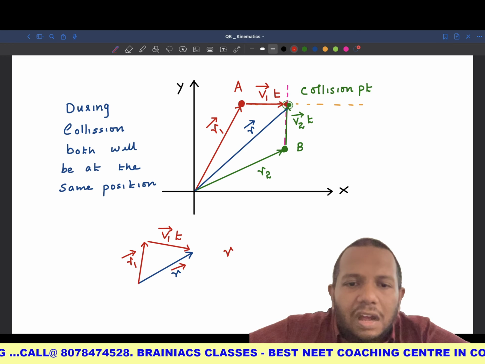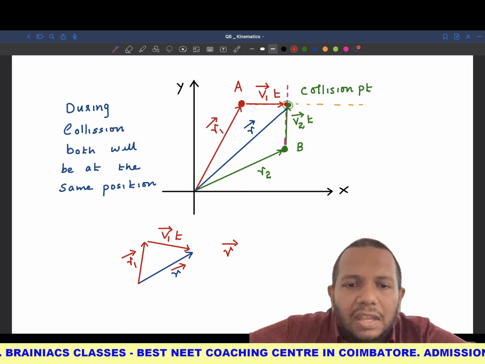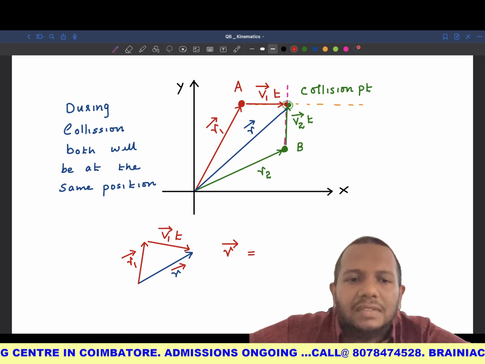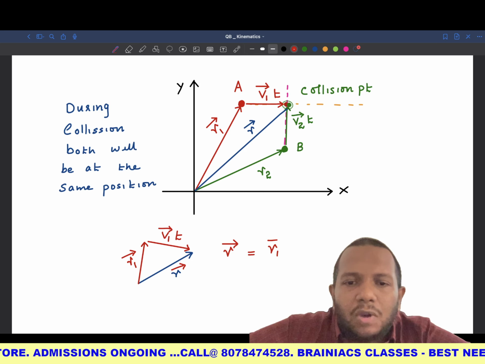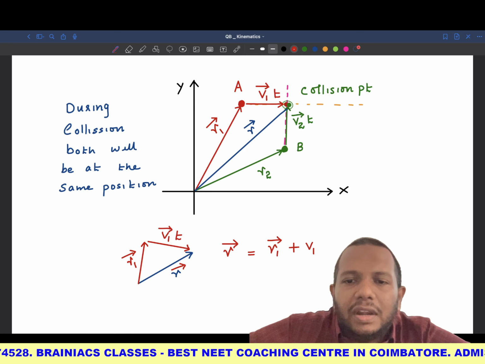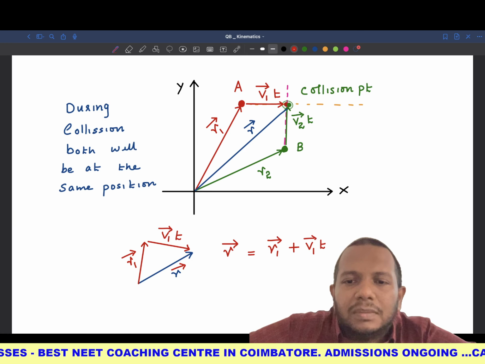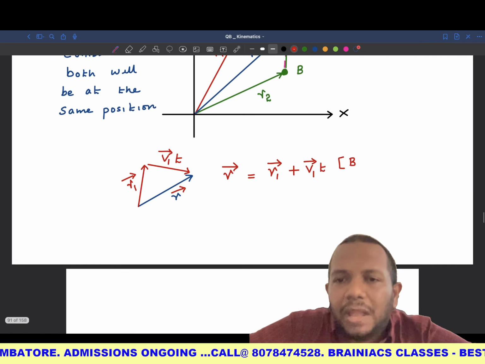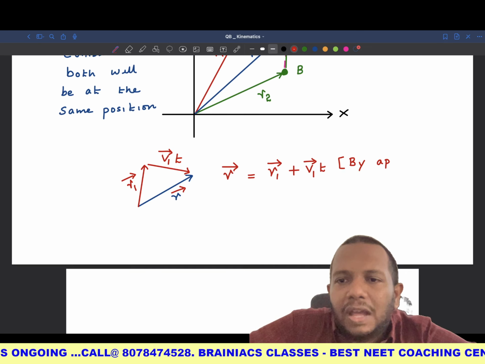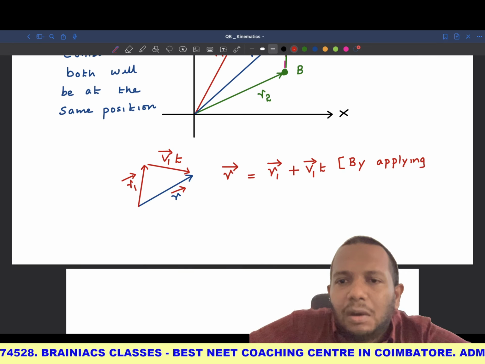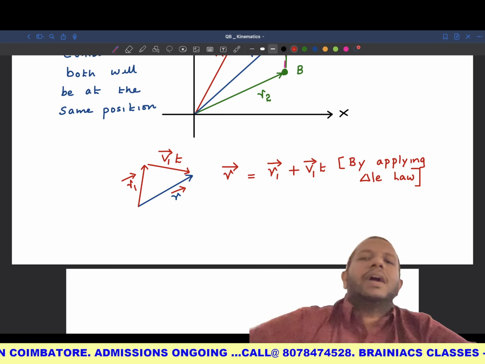So I can write r here is r1 plus v1 into t. This is by applying triangle law. You might have learned this in vectors.